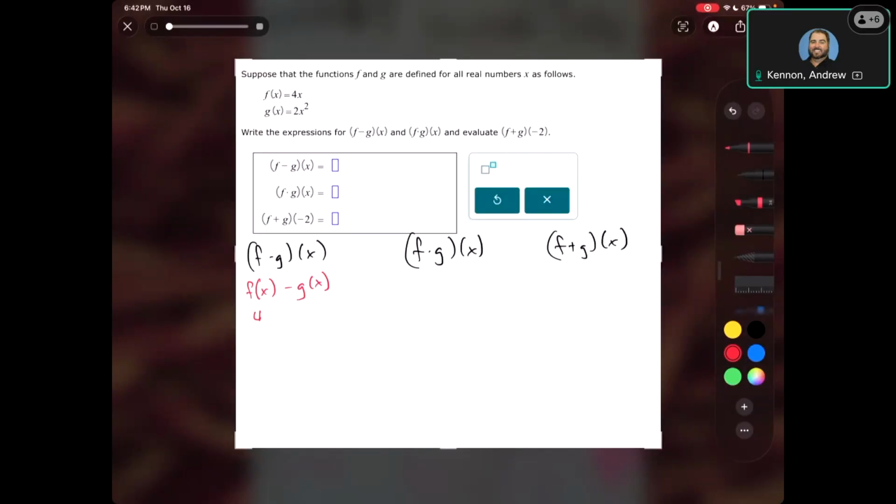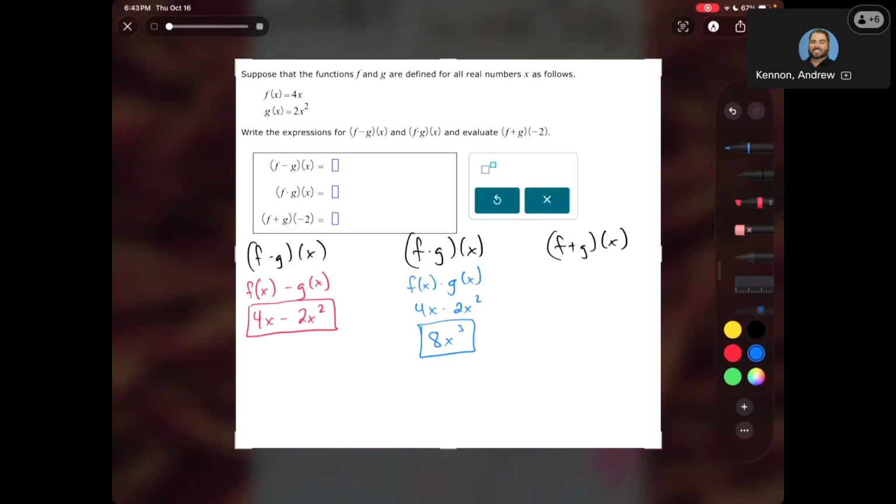So I'm just going to take f of x minus g of x, and I cannot combine like terms, so that is my answer. Same thing here, f of x times g of x. So I do f of x times g of x. This one I can combine, so it'd be 8x cubed. So I just multiply those.